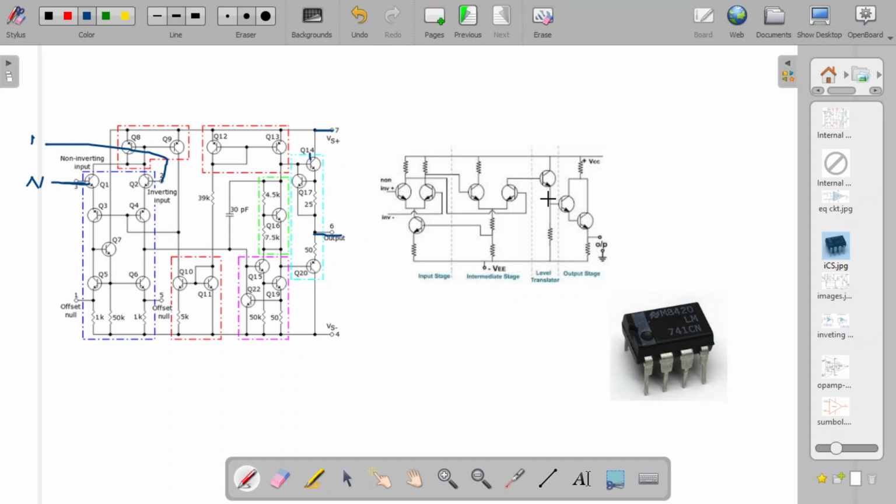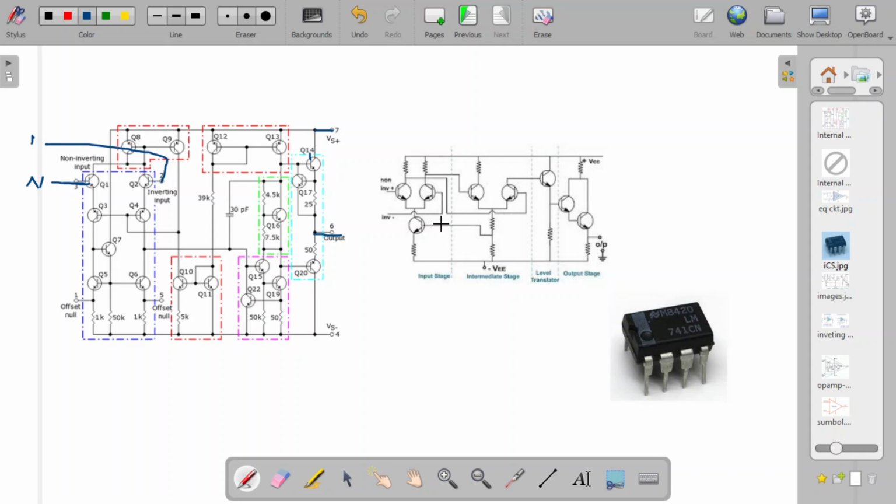That all depends upon how you want to cascade it from one stage to another, and finally how it has to be amplified, and all those things you need not bother much about. But generally, for an understanding, these different sets of transistors perform different tasks within it. So that is all about the internal circuitry in an op amp.